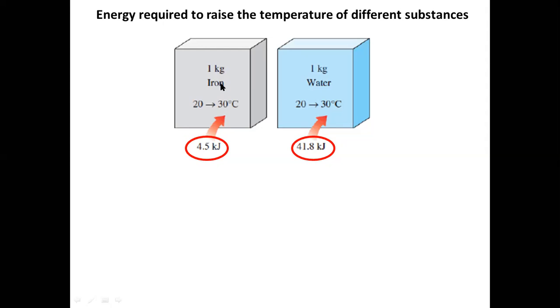For 1 kg of iron, you need little energy compared to what the water needs to raise the same 10 degrees. You have to understand why this is, because these are metallic molecules and here the water molecules. You will see the difference here.